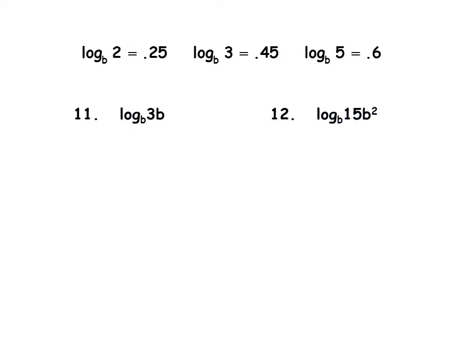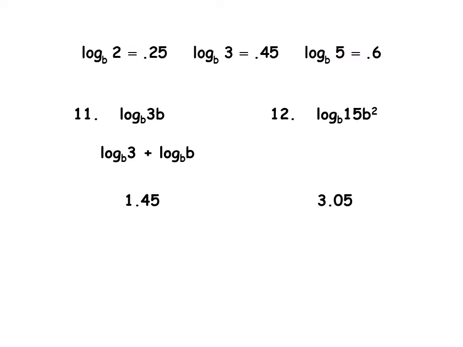All right, here's 2 more. Go ahead and try those. Number 11 is 1.45, and number 12 is 3.05. Number 11, you can break down to the log b of 3 plus the log b of b. Well, what is the log b of b?